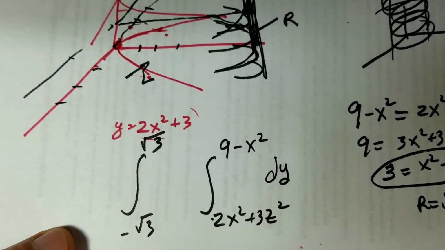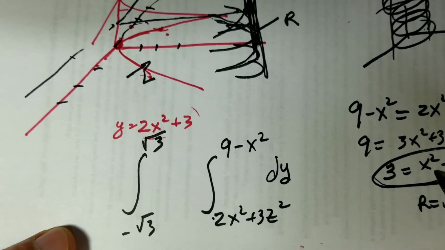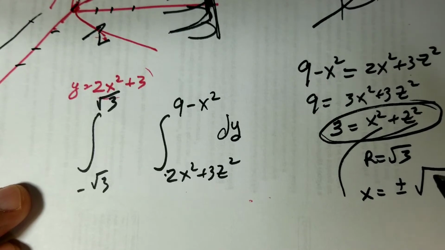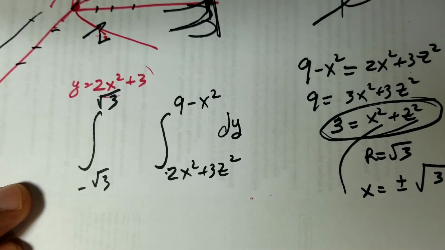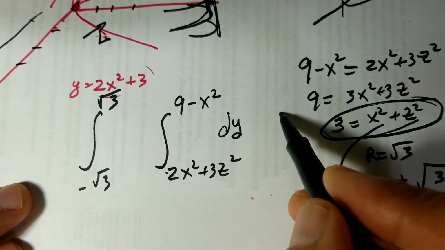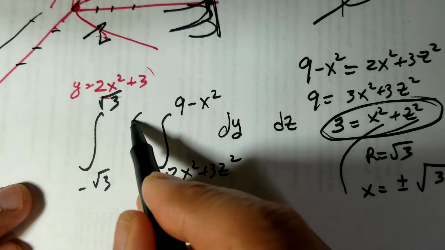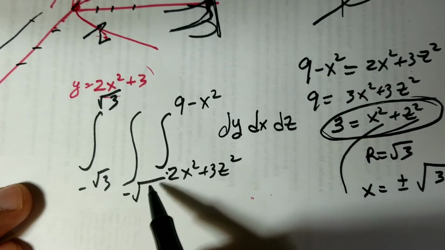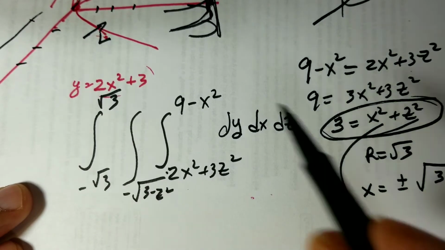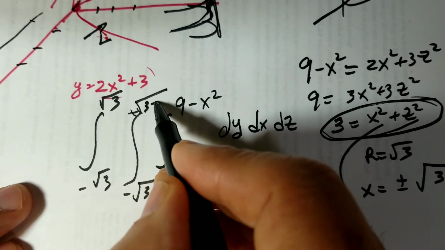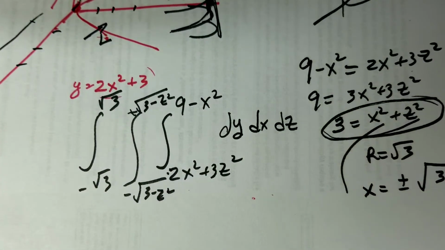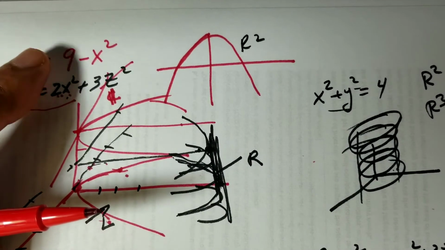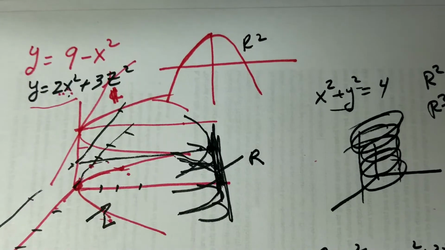But I need my x. My x is plus or minus the square root of 3 minus z squared. Therefore, the last one is z, and in the middle I'm going to put x. The bottom one is negative square root of 3 minus z squared, and the top is plus the square root of 3 minus z squared. That becomes the volume bounded between this cylinder and this paraboloid.